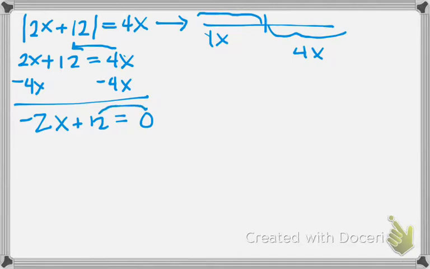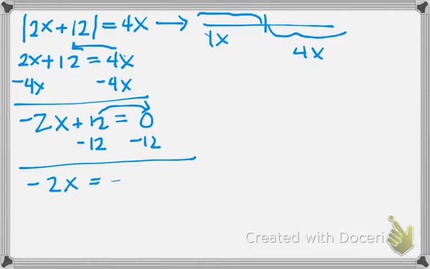I want to move the 12 to this side. Again, I'm undoing. To undo a positive, you subtract. So I have negative 2x equals negative 12. Divide by negative 2. X equals 6.